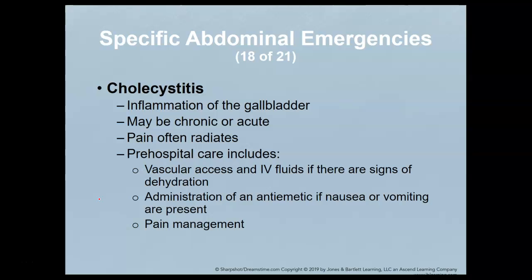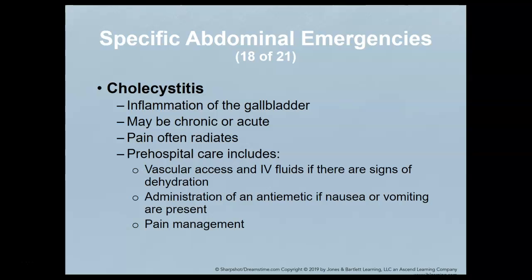Morphine is questionable here because it's believed, not for sure, but believed to cause some spasms of the cystic duct. So you want to try to stay away from morphine because that's the thought process anymore, is that it can cause some spasm. I will try to get you more specific information about how that works, but I know that that's one of the things that's kind of coming about.